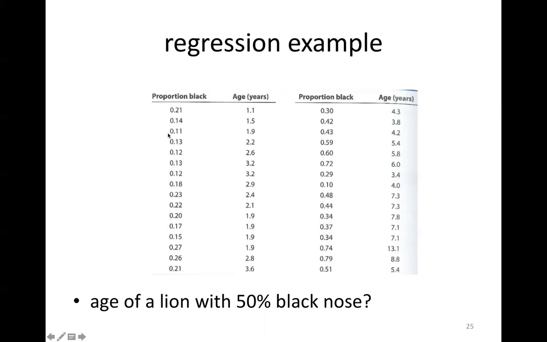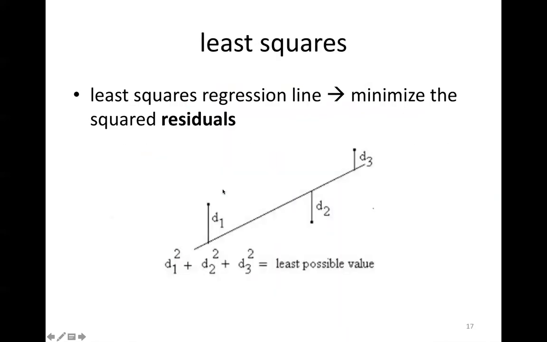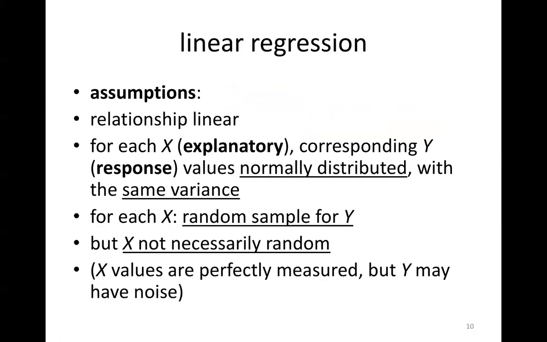But here we're trying to reverse the relationship and use the proportion black to estimate age. So it's not exactly fitting the assumptions we made, where we were assuming X values are perfectly measured, but Y may have noise and so on. For each X, we have a random sample for Y, etc. So these would have applied if we had age as the explanatory variable and proportion black as the response.